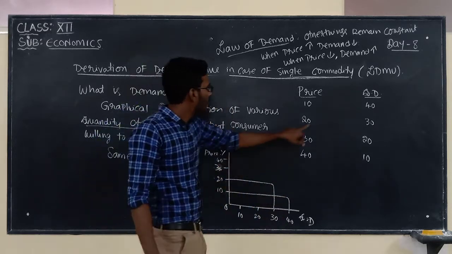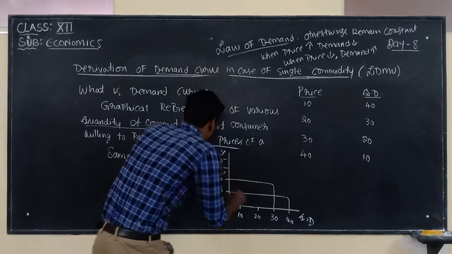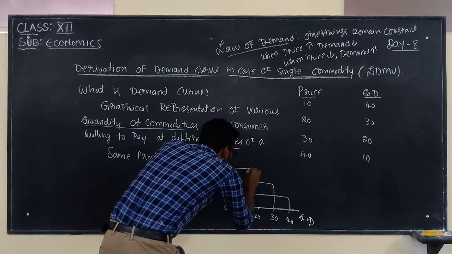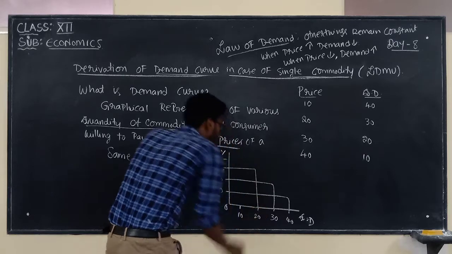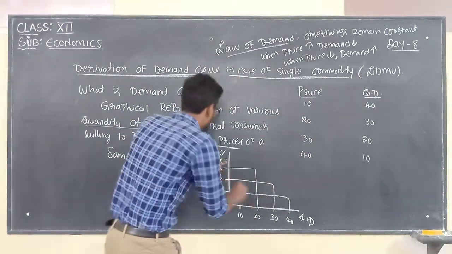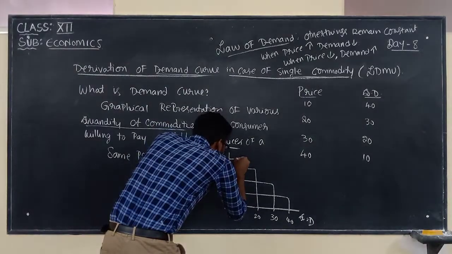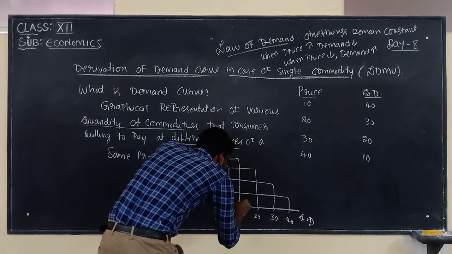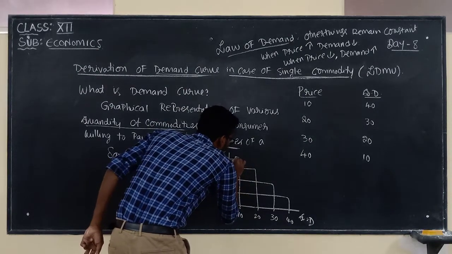In the same manner, when the price is 30, demand will be 20. When the price is 40, demand will be 10. So now these are the points, right?